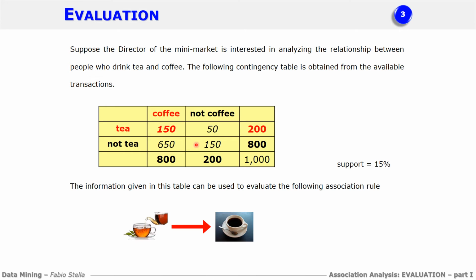So from the contingency table we compute the following ratio: 150 divided by 200. Then we obtain that the confidence for this association rule is equal to 75%.